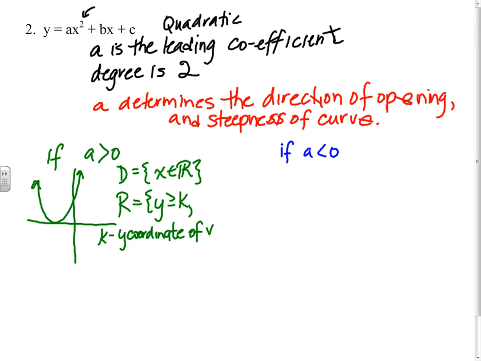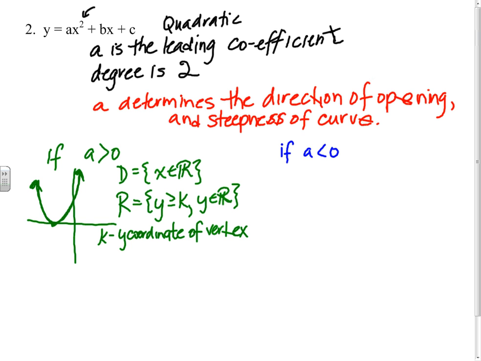And y can be any real number as long as it's larger than k, the y-coordinate of the vertex. So here's our vertex down here. All my y values are larger than that value, nothing below it. Larger than or equal to that value and nothing below it.